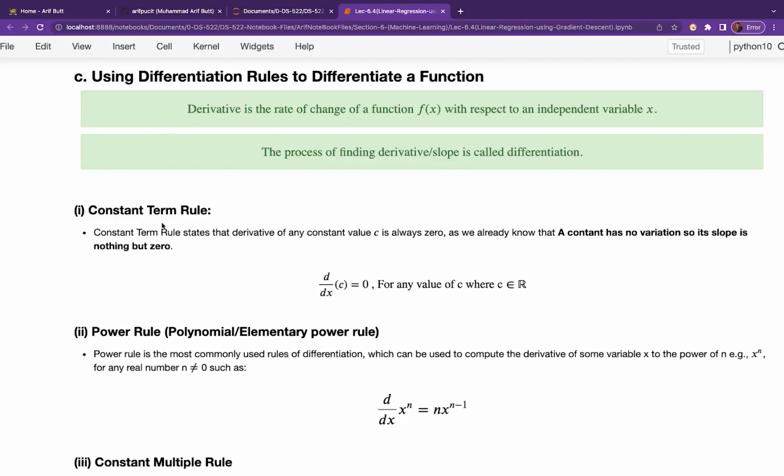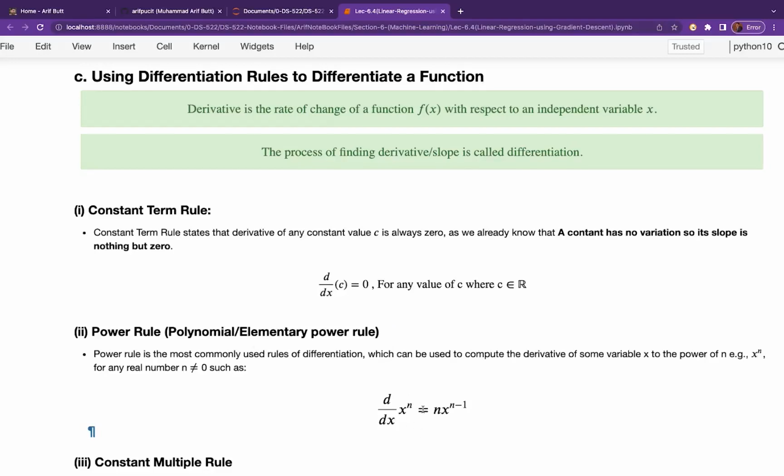First of all, the constant term rule. This constant term rule says that since a constant has no variation, its derivative or slope is always 0. This elementary power rule says that you multiply the function by the power and subtract 1 from it.